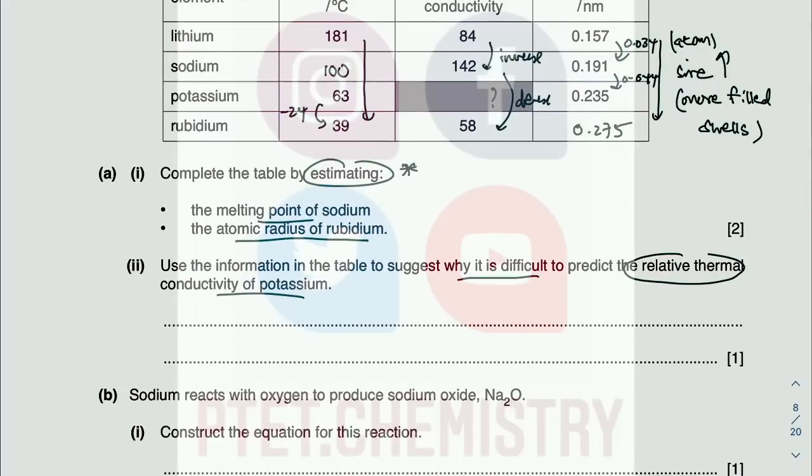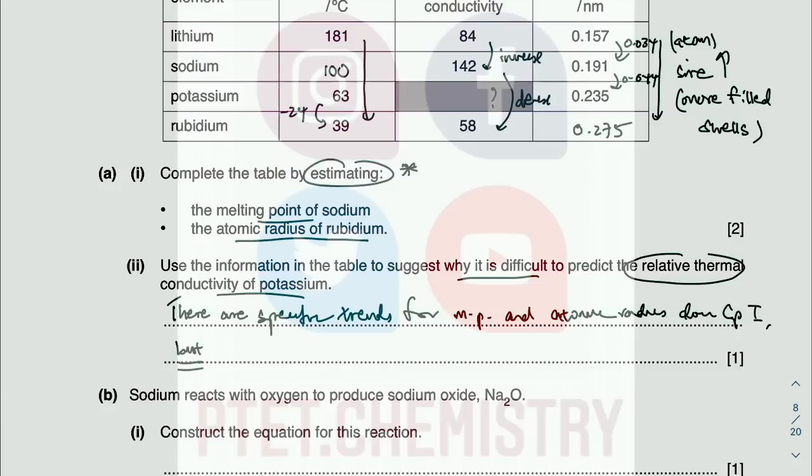While there are specific trends for melting point and atomic radius down group 1, such a trend is not existent, or you could say absent, or missing, with thermal conductivity.